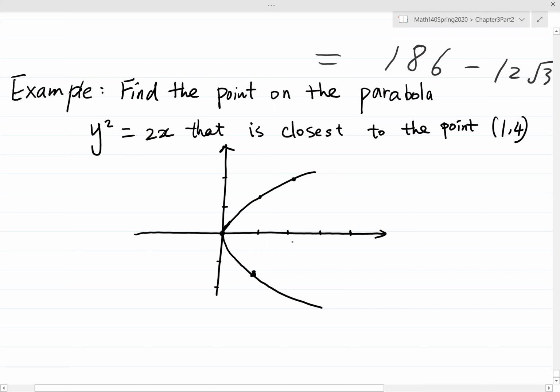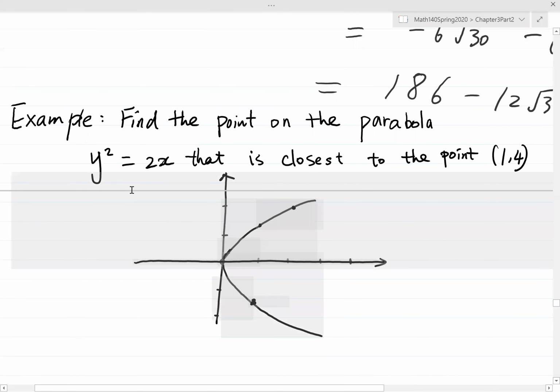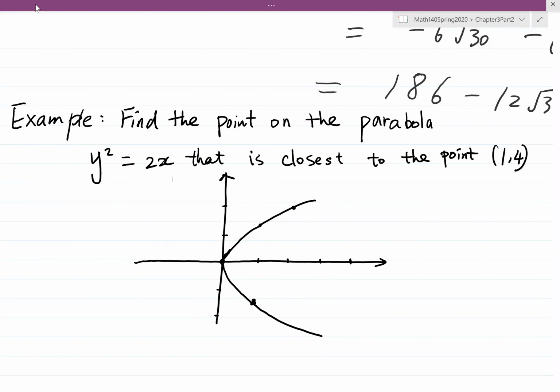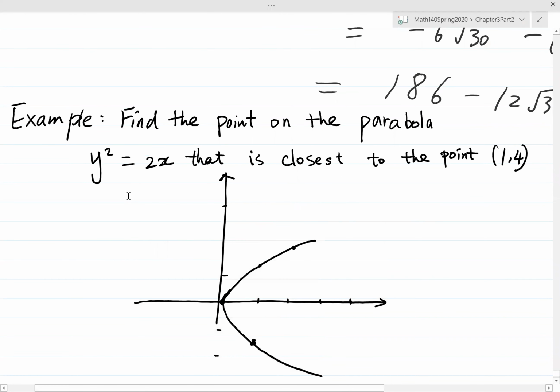Okay, now the point (1, 4). What's the point (1, 4)? X is 1, y is 4. So (1, 4) is here.